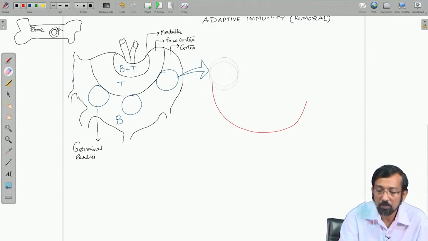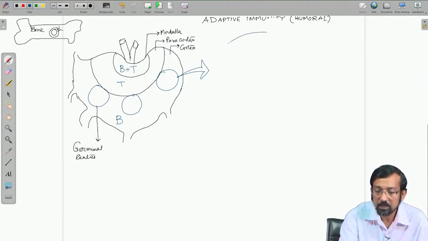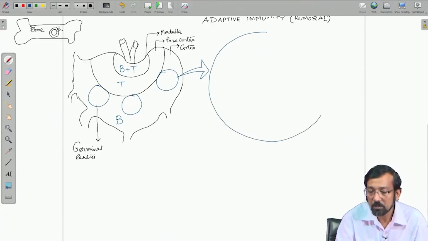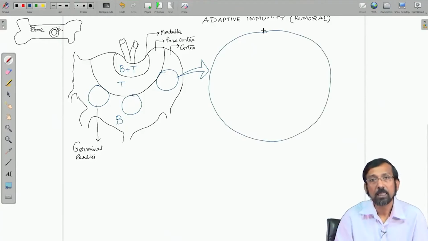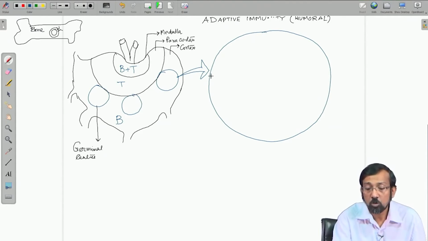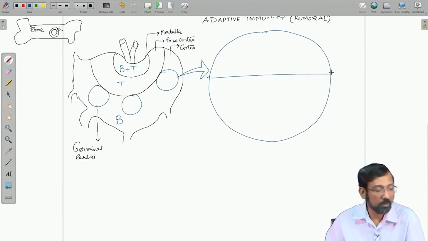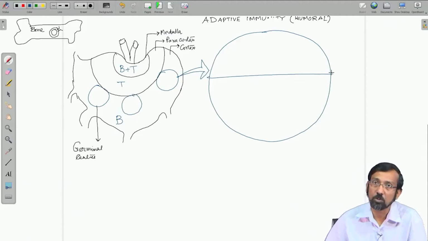So, let us say this is the germinal center. This germinal center can again have two zones. We call them the dark zone and the light zone.